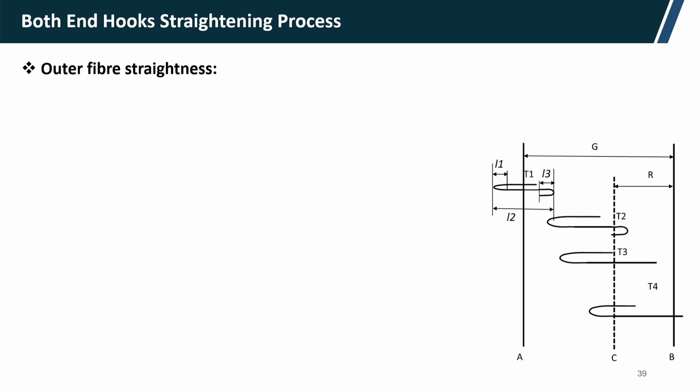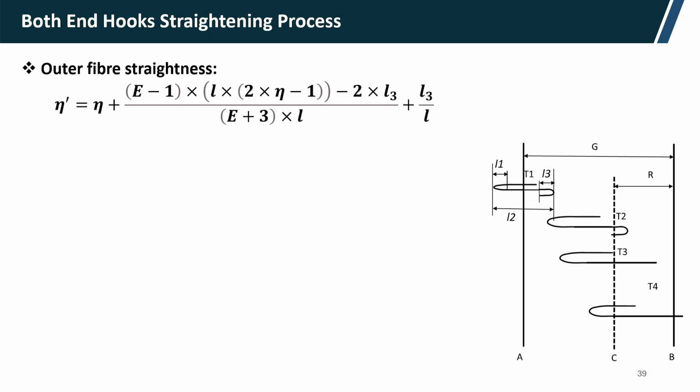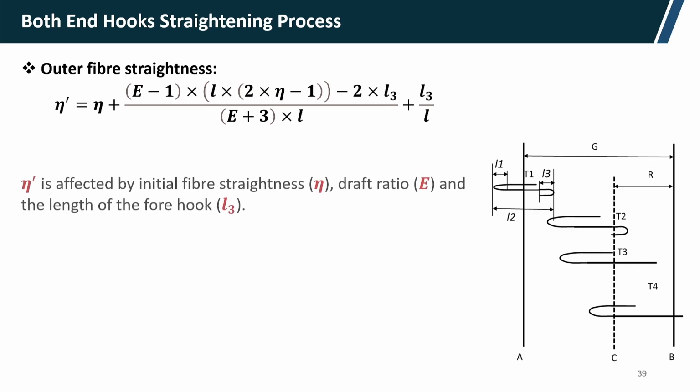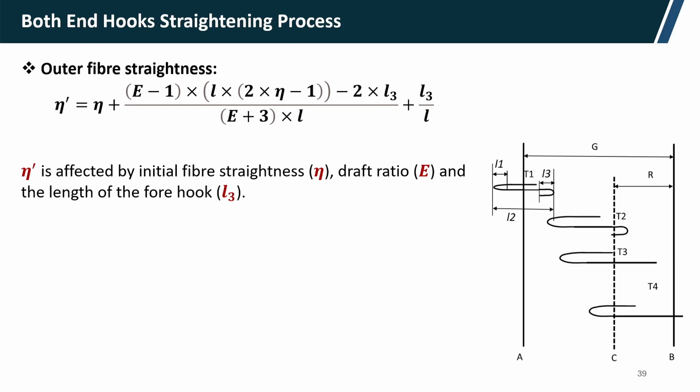Now the output fiber straightness is also given by this equation, where the output fiber eta dash is affected by the initial fiber straightness, which is always there, the draft ratio, and the length of the leading hook.